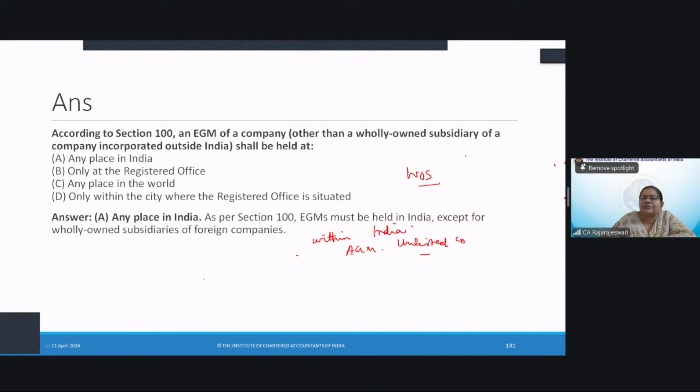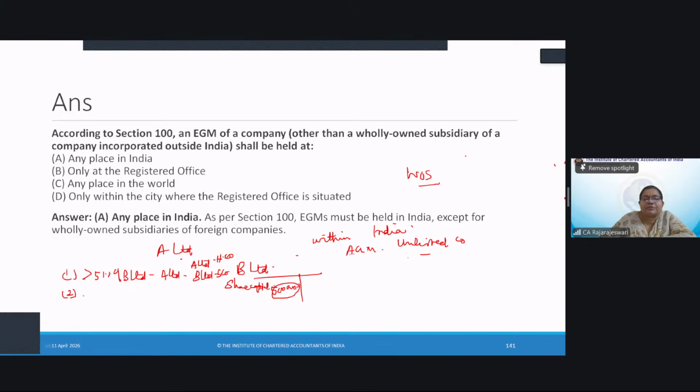So wholly owned subsidiary. When do you call a subsidiary a wholly owned subsidiary? Now A limited is there and B limited is there. Now B limited share capital will be there. Say if it has got 5 lakhs, and more than 51% is held by A limited, I'll give you situation one. More than 51% of B limited is held by A limited. Then in that case, A limited is the holding company and B limited is the subsidiary company.